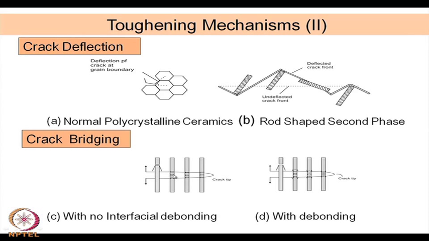But then you have some anchoring, maybe some kind of fibers that have been dispersed in the matrix of the first phase, which restricts the movement of this crack, and therefore once again you have a strengthening of the matrix phase.